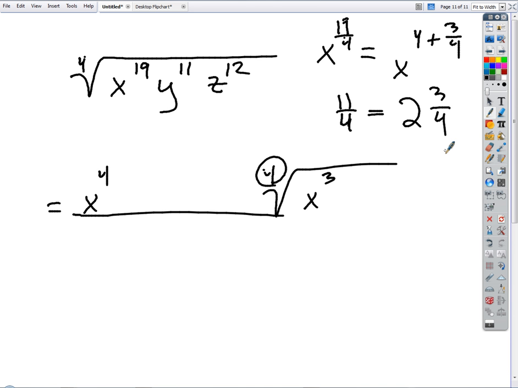Right, because 4 goes into 11 twice with 3 remaining. So then we end up with y squared outside, y to the 3/4 inside. Z, what's the power of z? 12/4, which is just a 3. Done.